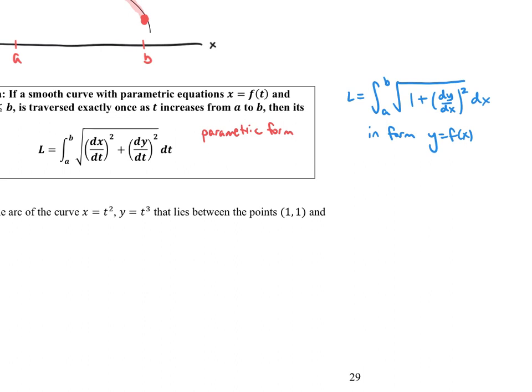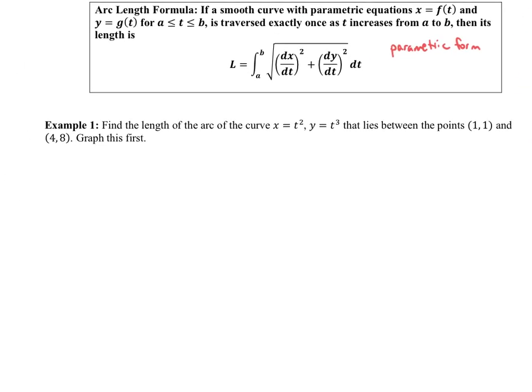And then the third one you need to know is the arc length, which is really similar, but it's going to be dx dy. This is probably the most rare one because this is in terms of y. So it would be stuff in the form x equal to g of y or something kind of bizarre like that.